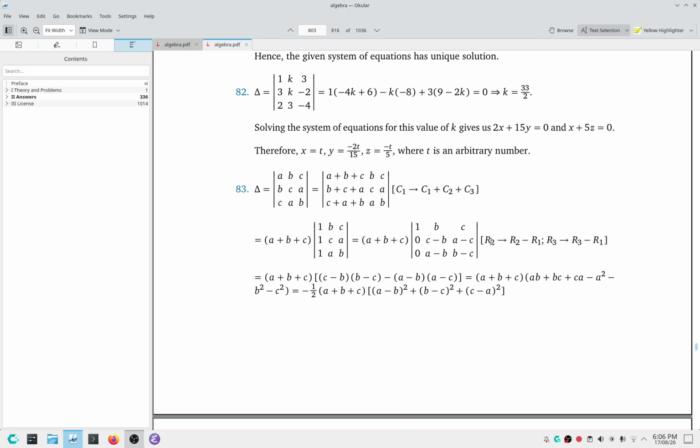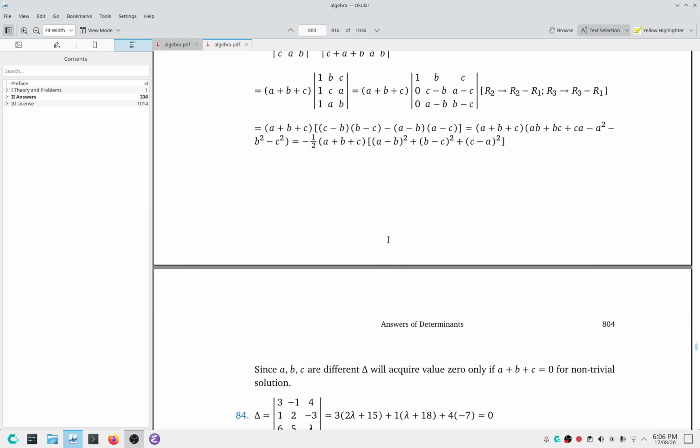And we perform our usual R2 is equal to R2 minus R1 and R3 is equal to R3 minus R1. We get 2 zeros. And we get the final determinant as minus half, a plus b plus c, times a minus b whole square plus b minus c whole square plus c minus a whole square.